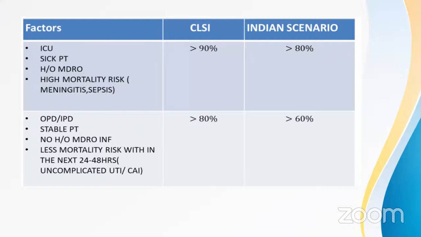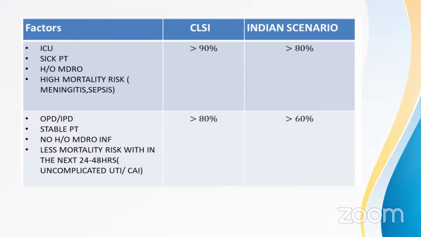As per CLSI guidelines, in a patient who is in ICU, a sick patient, with history of multi-drug resistant organism or having high mortality risk, you need to have at least more than 90% susceptibility to recommend it as an empirical antibiotic.